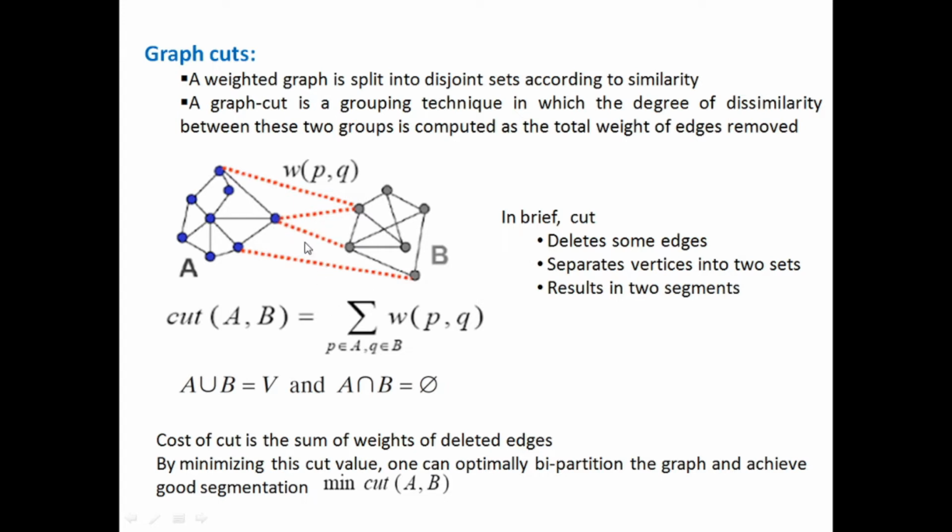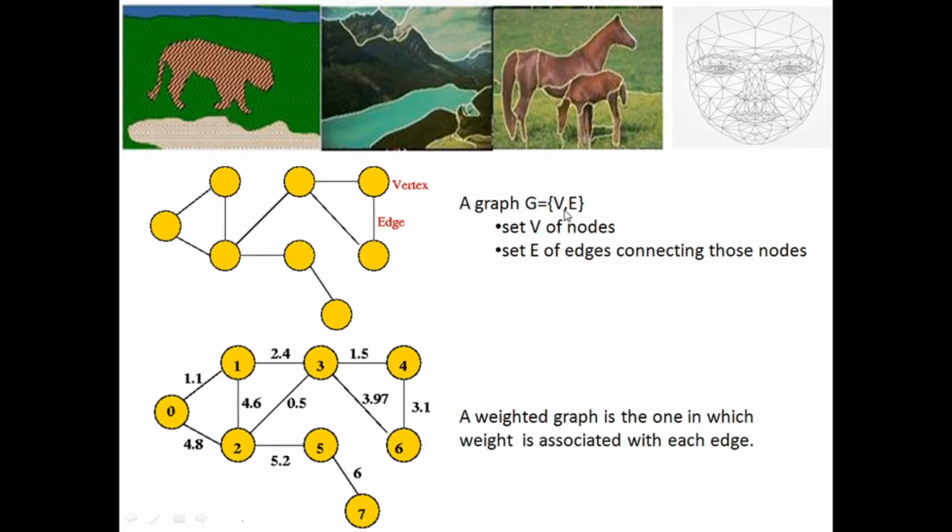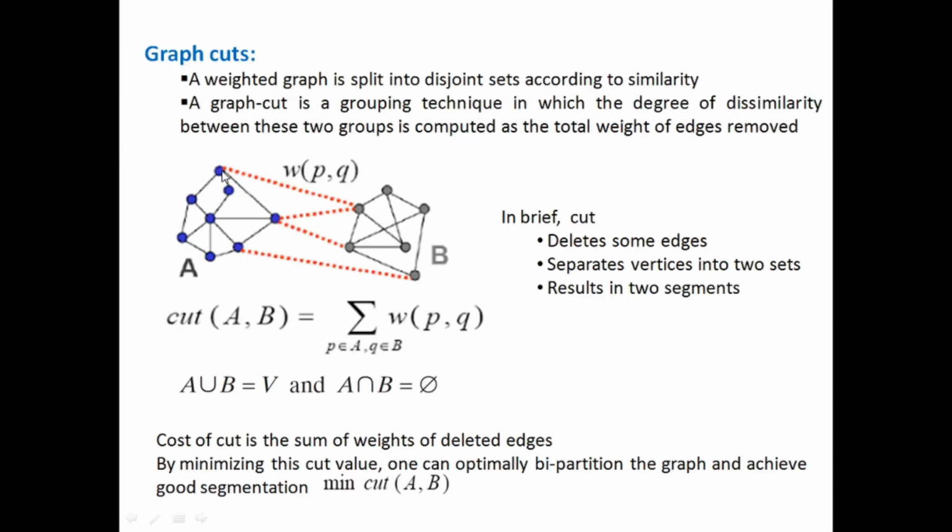As you can see, a graph whose edges are associated with weights is a weighted graph. Now what I am doing here is partitioning the nodes, because each vertex of a graph is a node. So I am partitioning the nodes of the graph into two disjoint subsets. As I have said, a graph has V vertices and E edges.